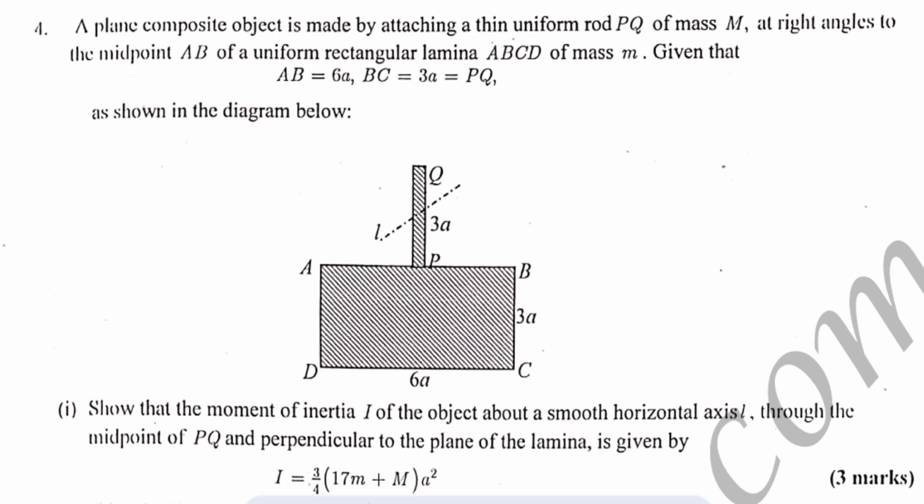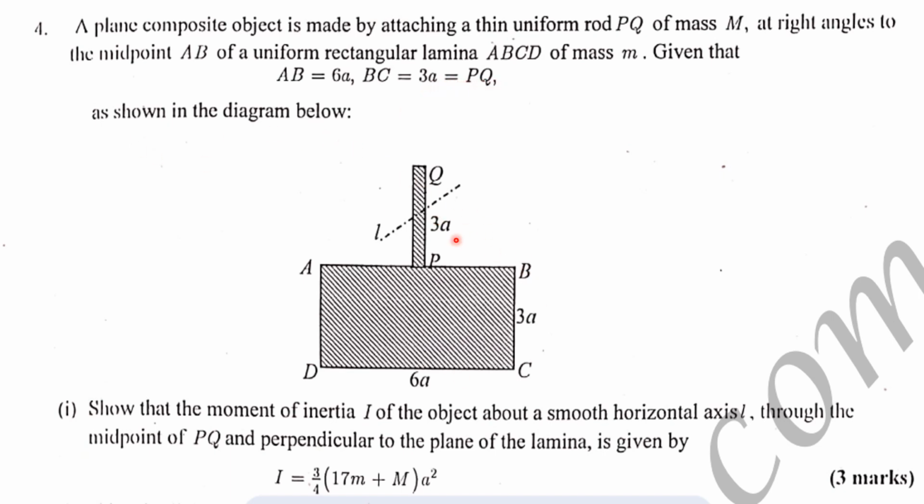The question says that a plane composite object is made by attaching a thin uniform rod PQ of mass M at right angles to the midpoint of AB of a uniform rectangular lamina ABCD of mass small m, given that AB is 6a, BC is 3a, which is equal to PQ, as shown in the diagram below.